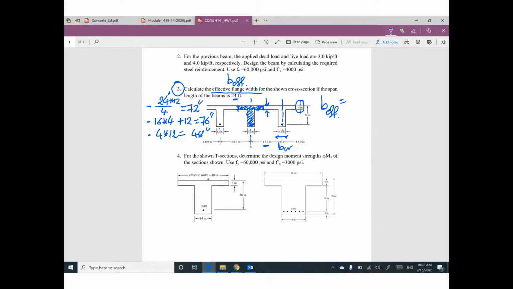This width of the slab that makes the T-section will be 48 inch, the least value. Among 48, 76, 72, the least value will be the effective flange width. The effective part of the slab will work together with the beam to make the T-section.